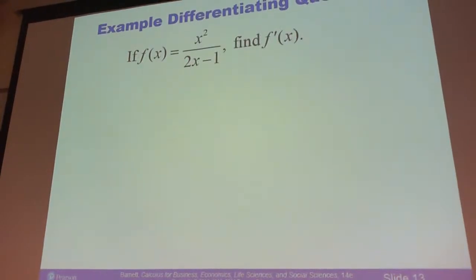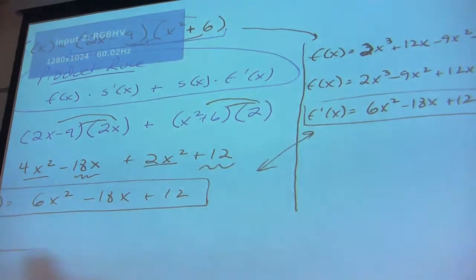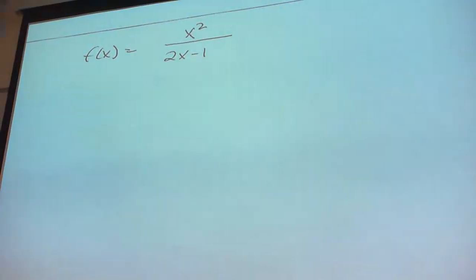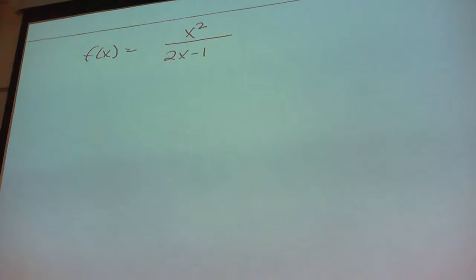Let's do an example. Okay? So, nice and slowly. If you have x squared over 2x minus 1, do we have two things being divided? Yep. So what do we follow?